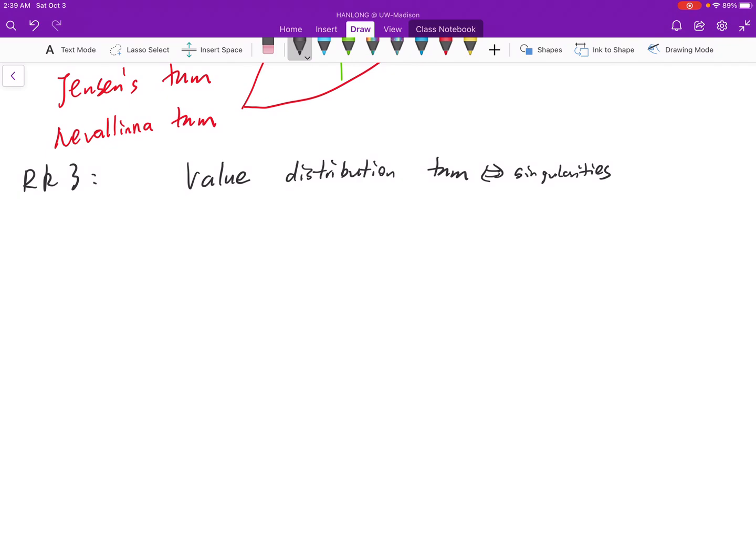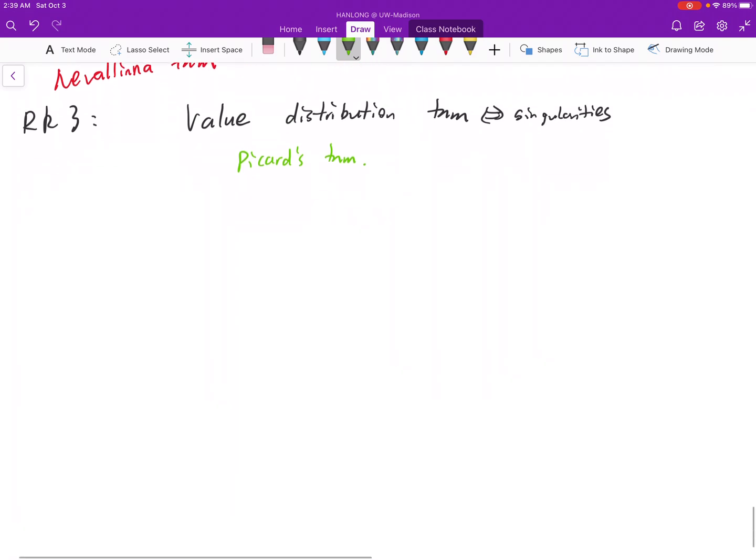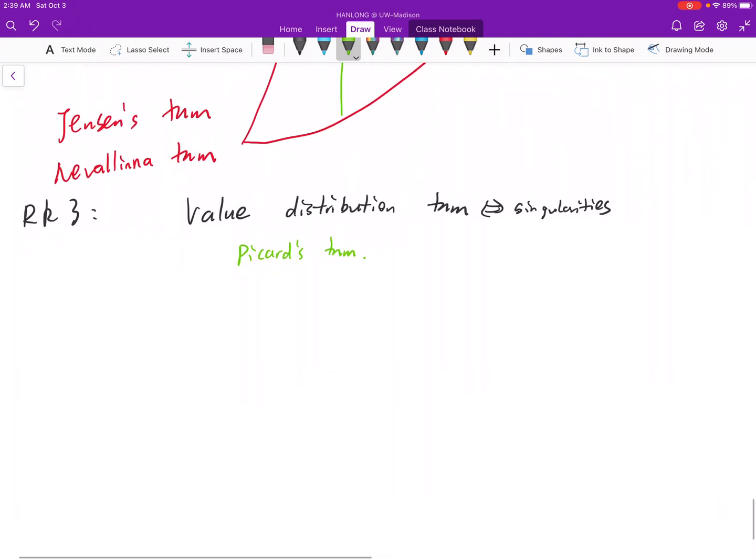As we met, I don't know if you still remember, probably we mentioned before that we have Picard's theorem, which showed that near singularity you can only miss at most 2 points. And this theorem is also included in Nevanlinna's theorem, which is called second fundamental theorem or first fundamental theorem.